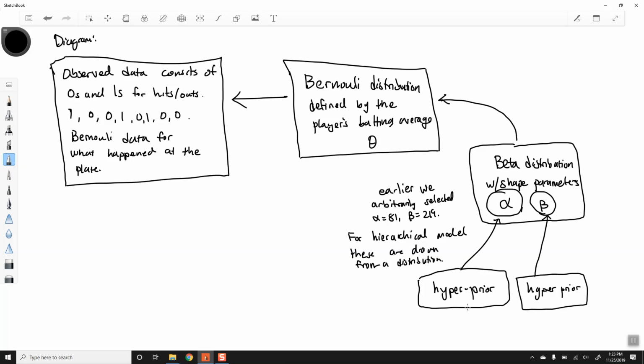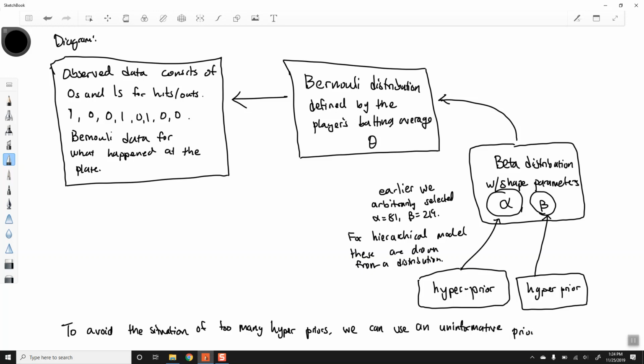It can keep going and going, but to avoid the problem of infinitely many hyper prior distributions, we are just going to select a flat, uninformative prior distribution.